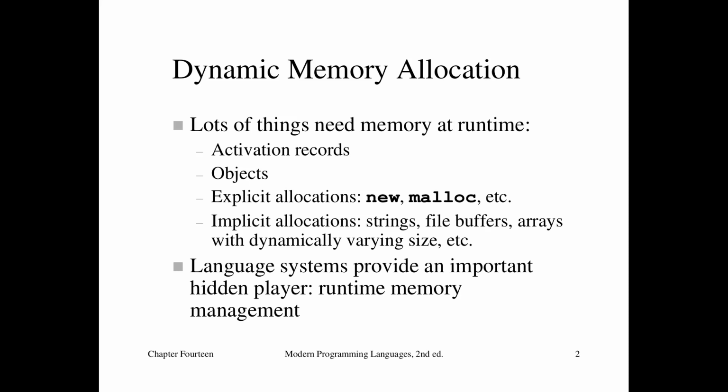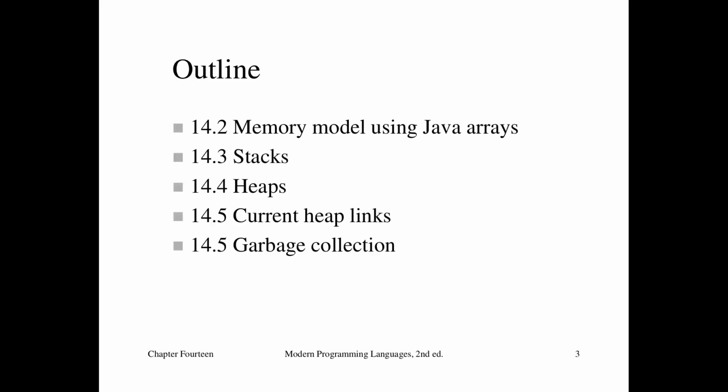So, in order to do this, these systems have an underlying component called the runtime memory management. And so we'll be talking about that, and we're going to specifically look at this in the context of the Java programming system.